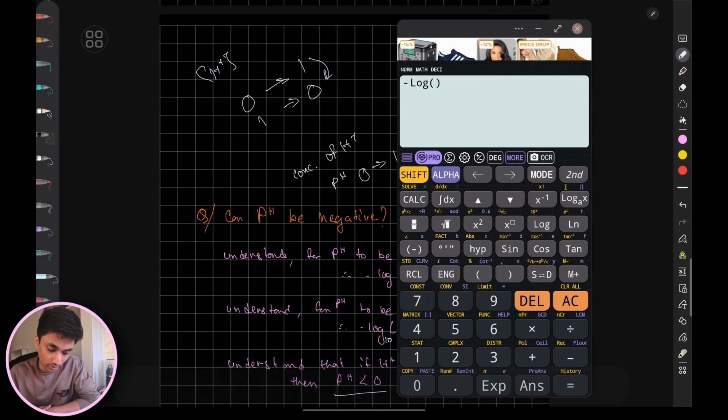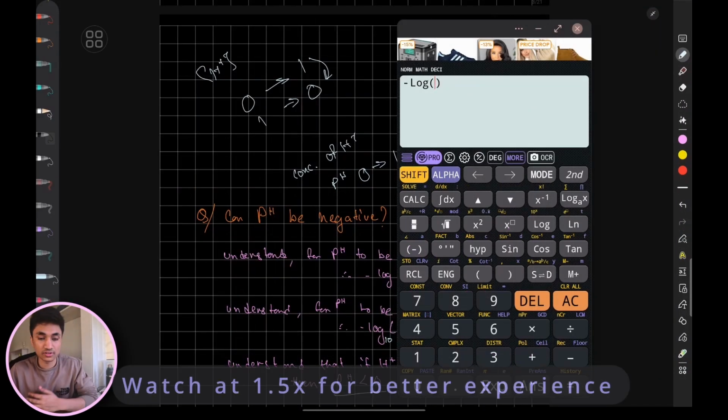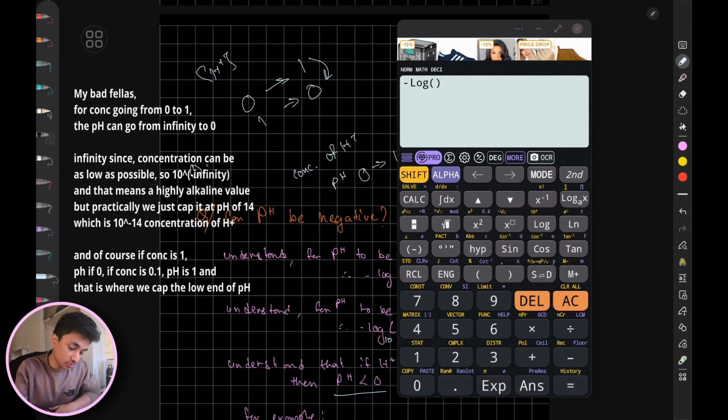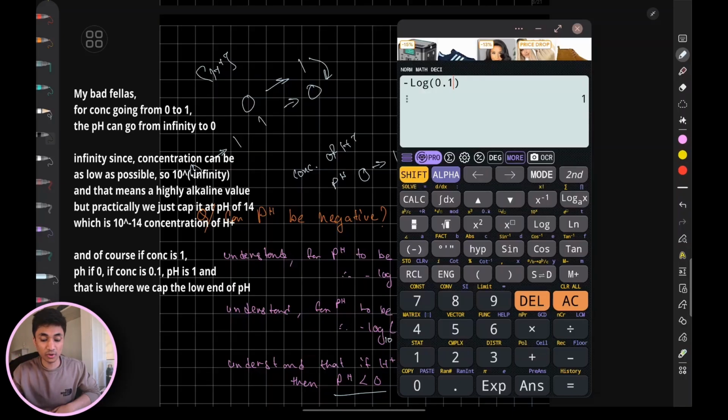My point is, as your concentration goes from 0 to 1, a pH of 1 is achieved at 0.1. So a concentration of acid of 0.1 means you get a pH of 1. If you want to get between 1 and 0, you increase the concentration from 0.1 to, let's say, 0.2, and the pH has now decreased.